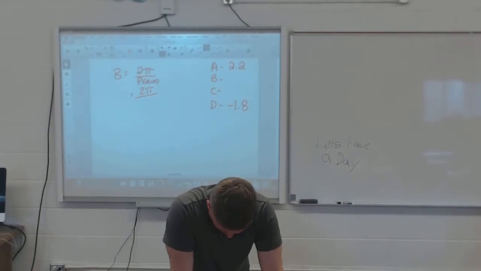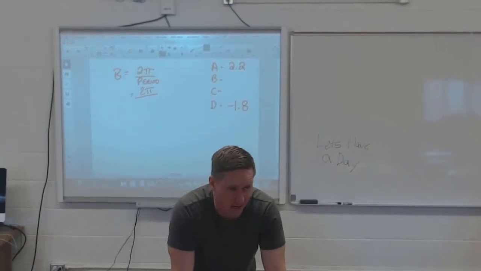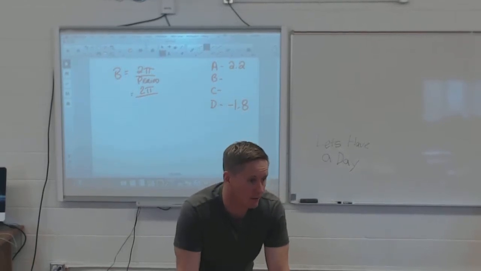Negative 1.8 is the, you go, just where it goes to that point again, it's flat. Okay. Let's do it. You're right. That's how you're supposed to do it. Okay?